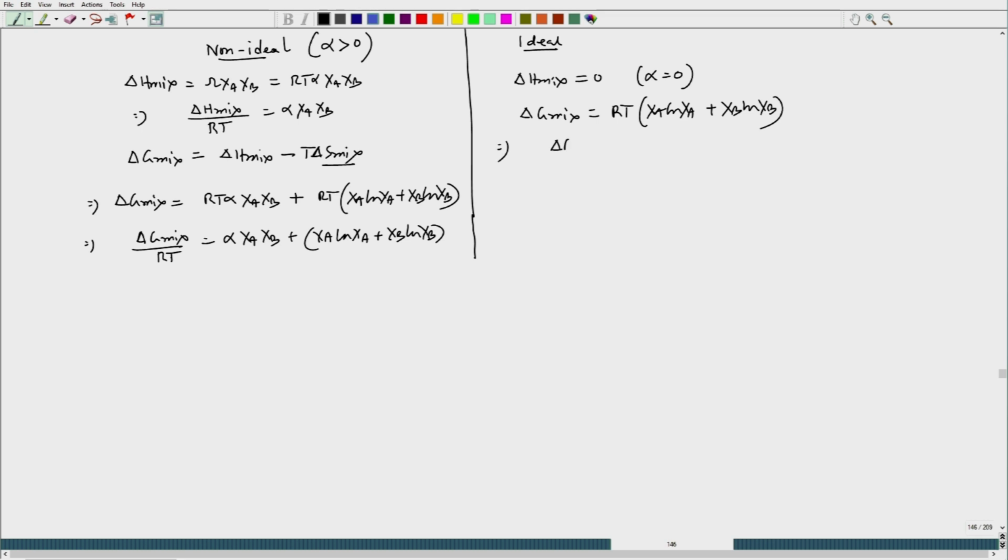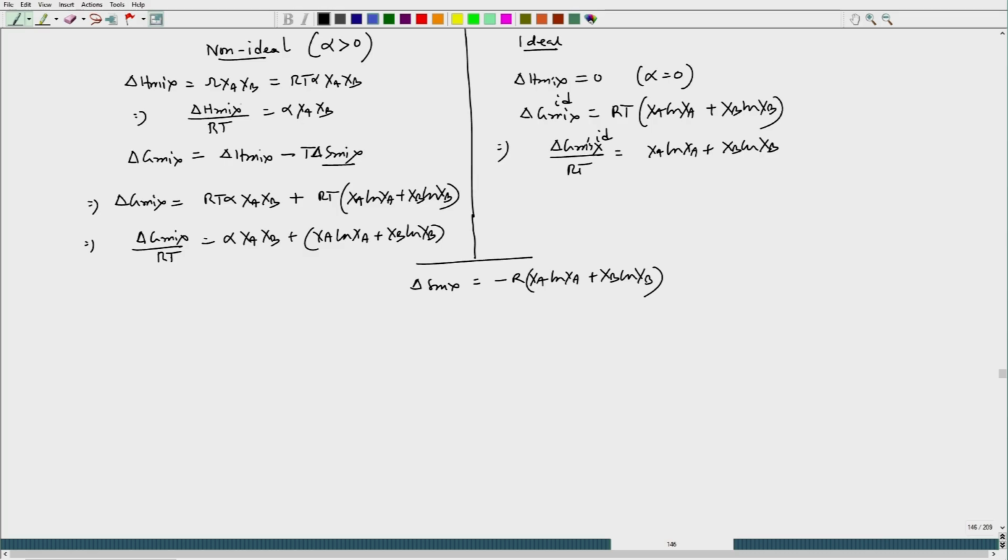So, I can write delta Gmix by RT, with a small id to differentiate, this is ideal: XA ln XA plus XB ln XB. And remember, in both cases del Smix equals minus R (XA ln XA plus XB ln XB). Both cases it applies.